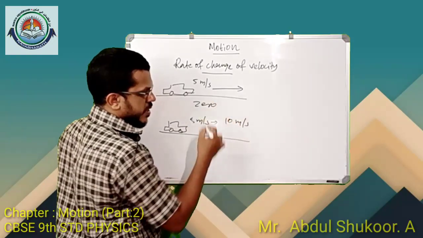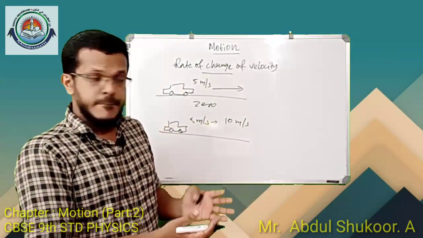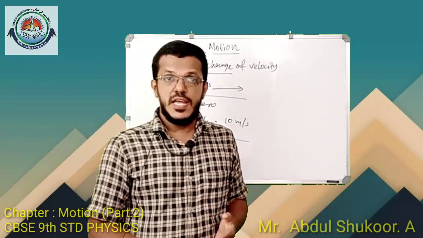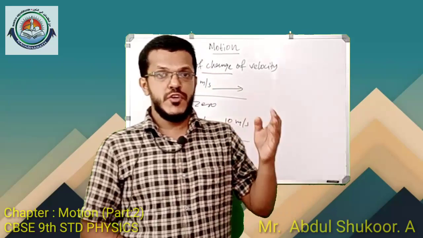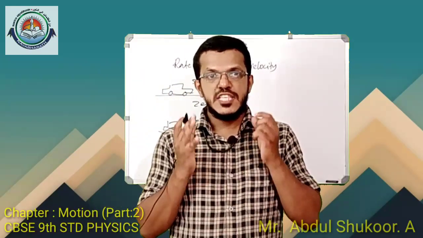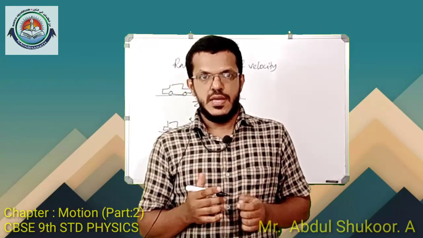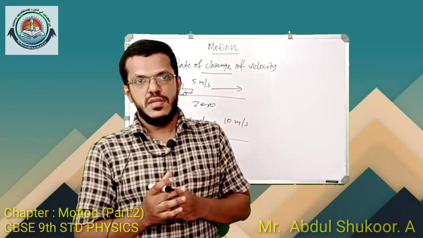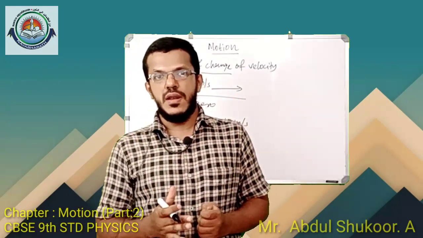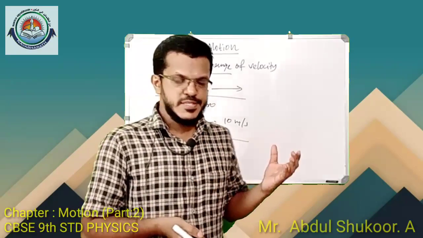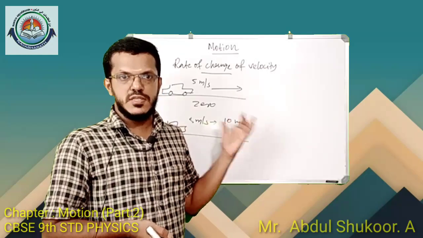Sometimes it may become 2 meter per second, sometimes 20 meter per second. Like that, the velocity varies with time. That is non-uniform velocity, with different values at different points of the path. Thus, the rate of change of velocity during any time interval is not zero.